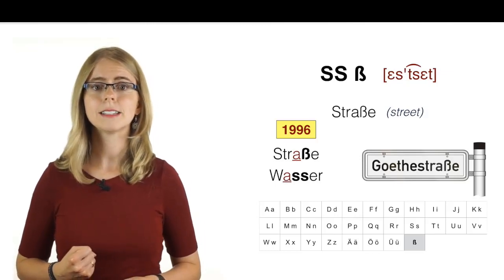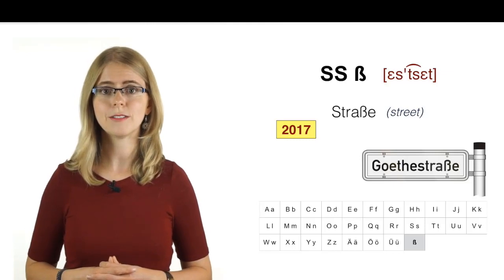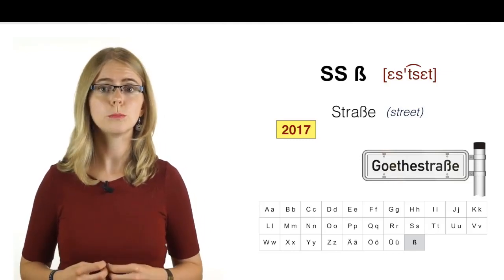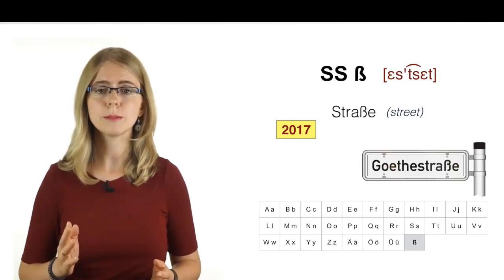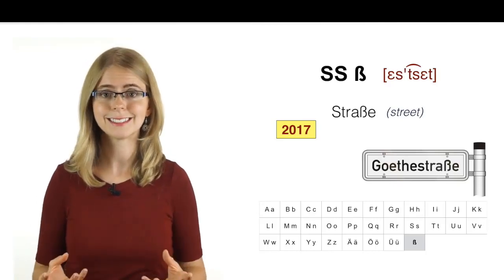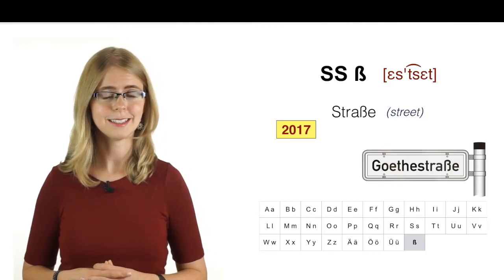Yeah? And there was another little reform in June 2017 where they decided that the SZ can also be a capital letter. Before, if you wrote something in all capital letters, you couldn't use the SZ because it didn't exist in the capital form. You had to write double S instead. Yeah?